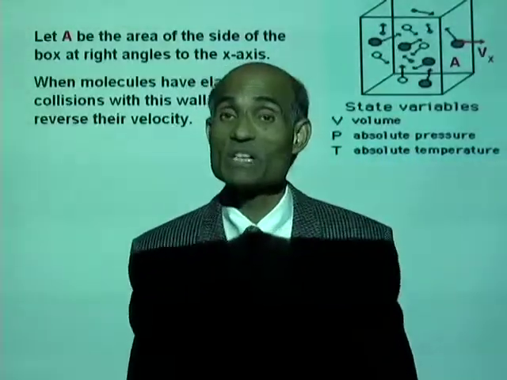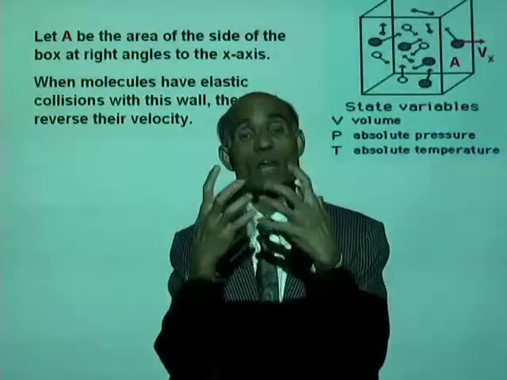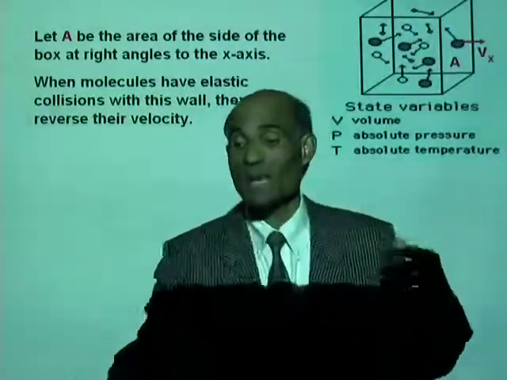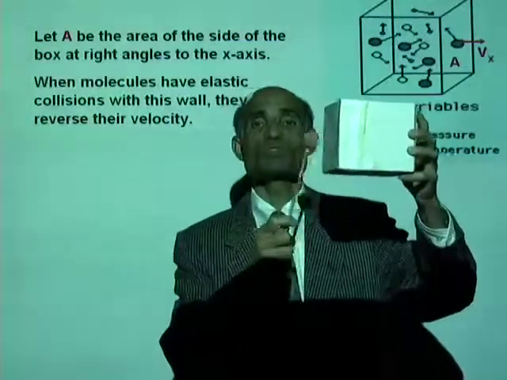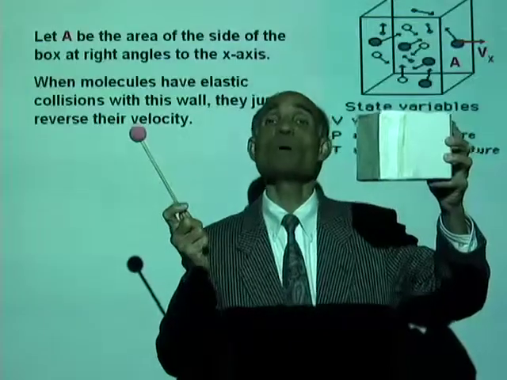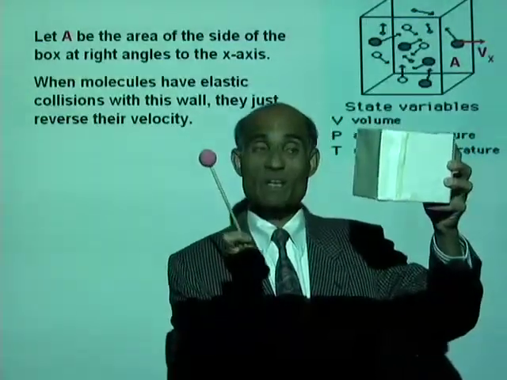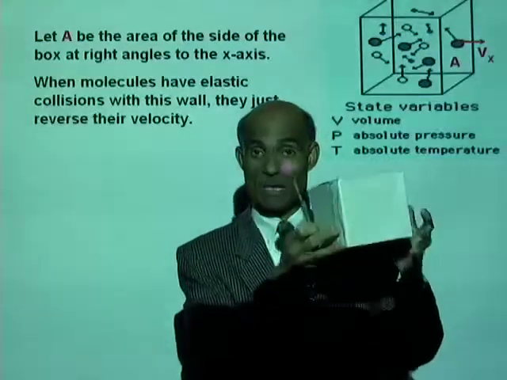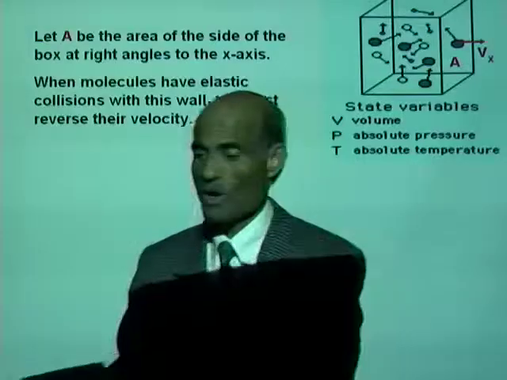We said the collisions are elastic. That means when they collide, they don't lose energy. So if a molecule comes towards the wall like this, they collide and move away with the same speed. They don't lose speed when they collide. Is that right? Now, like this.